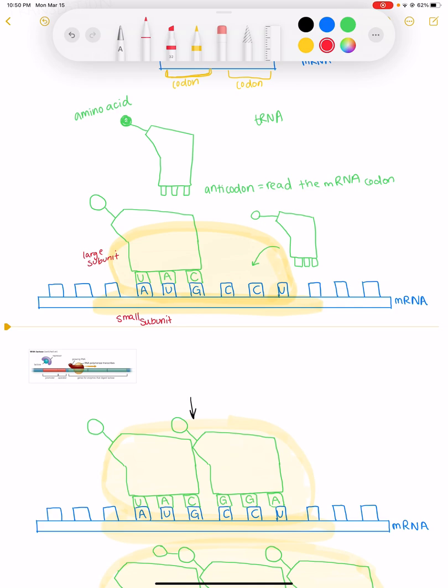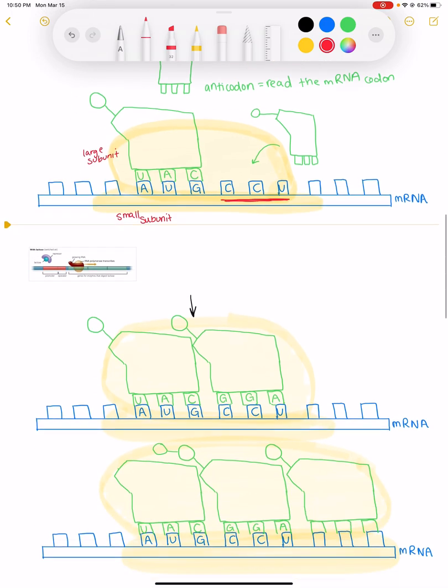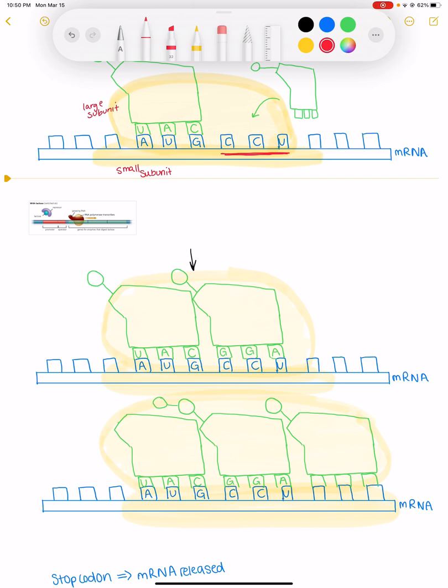So once that transfer RNA binds, the next transfer RNA for the next codon, which would be these 3 nucleotides, can come in and bind. So we see that the anticodon is complementary to the codon that it is reading.